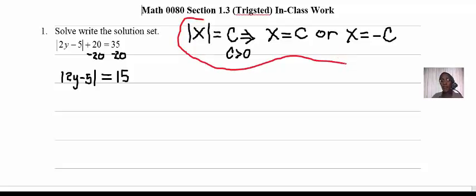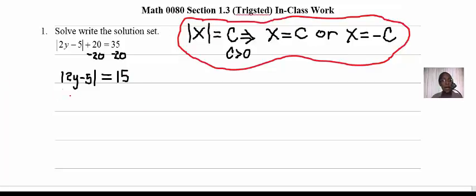I have a positive number on the right side of the equation, or it could be on either side, but on one side of the equation, and I have an isolated absolute value bar applied to an algebraic expression on the other side of the equation. So I'm going to apply this rule to this equation. I'm going to rewrite it in an equivalent form that does not have absolute value bars.